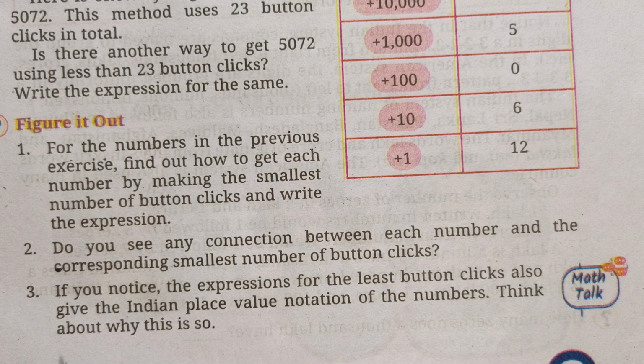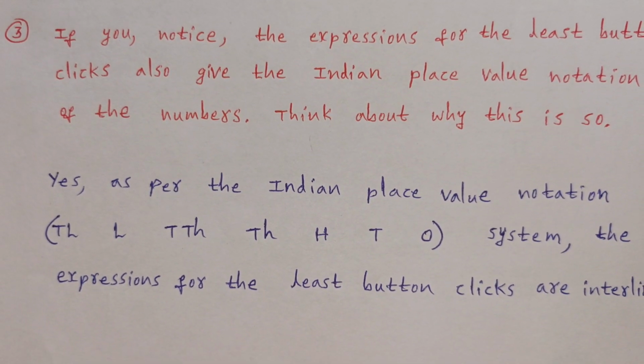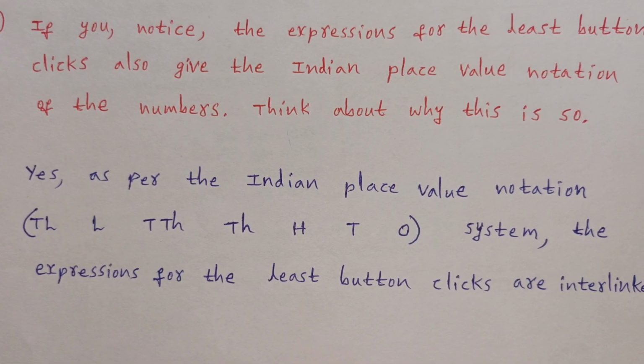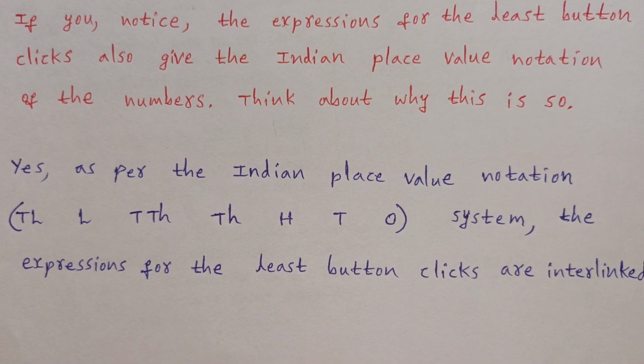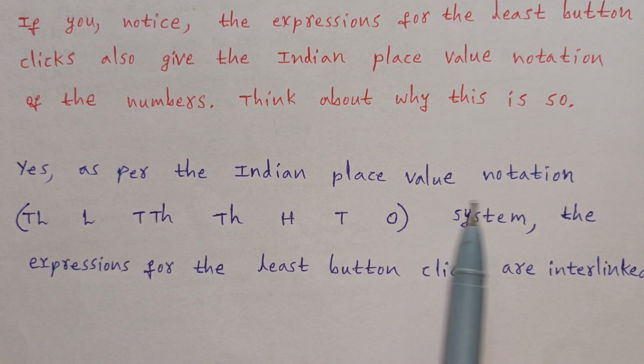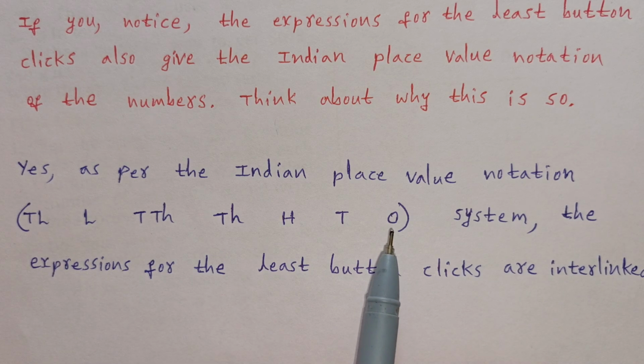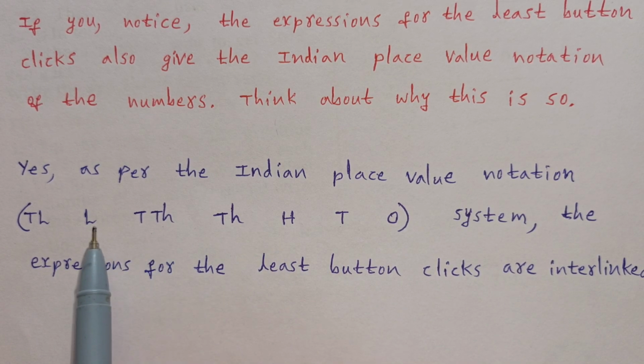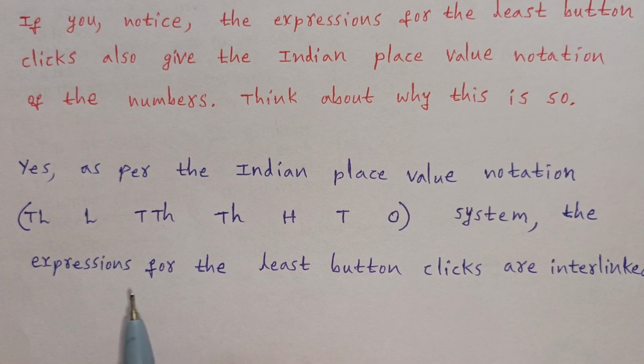Now the third question asked: if you notice, the expression for the least button clicks also gives the Indian place value notation of the numbers, think about why this is so. So if you observe every case, whatever example we have taken, according to the minimum number of button clicks, it is as per the Indian place value system only. Yes, as per the Indian place value notation, starting from the rightmost: ones place, tens place, hundreds place, thousand place, 10,000 place, lakh, 10 lakh, crore, 10 crore, 100 crore, like that.